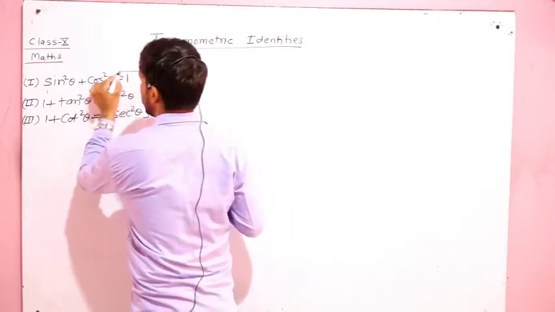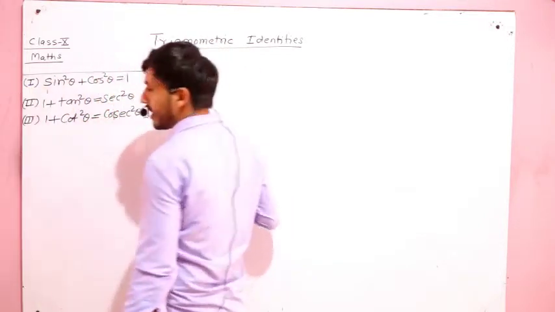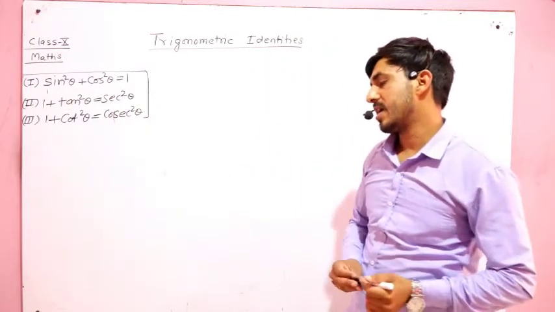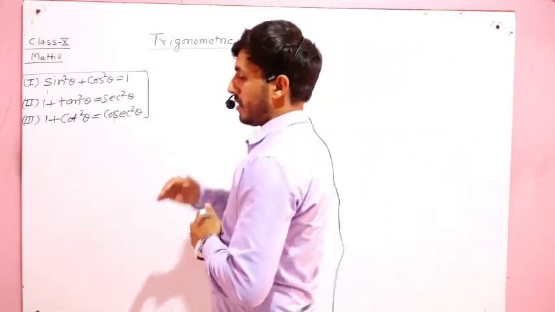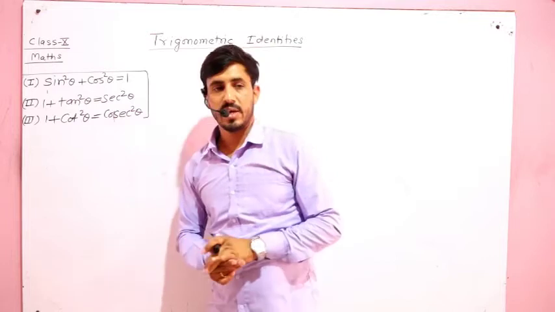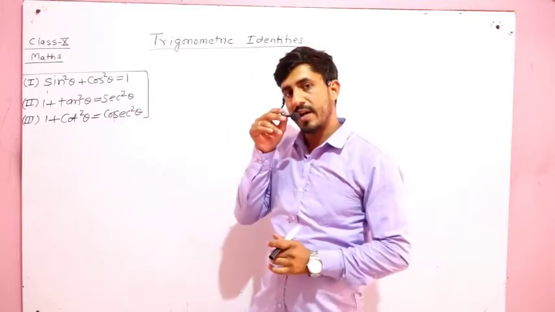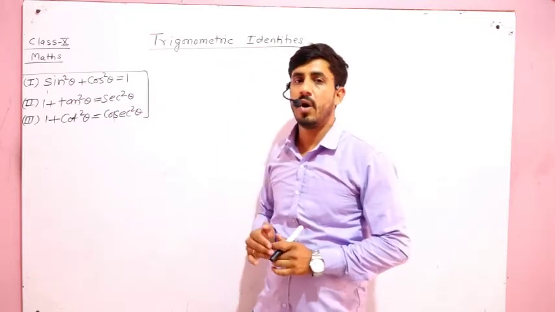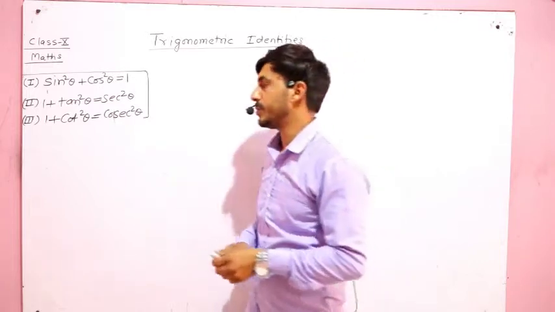These three identities we have obtained earlier, and in the last class we discussed the value of any one trigonometric ratio in terms of another trigonometric ratio.